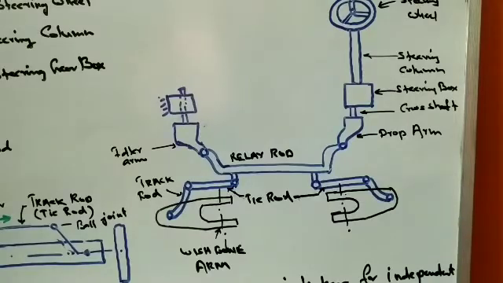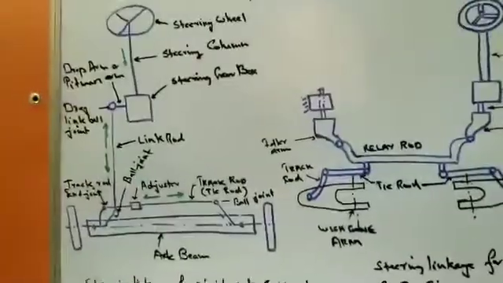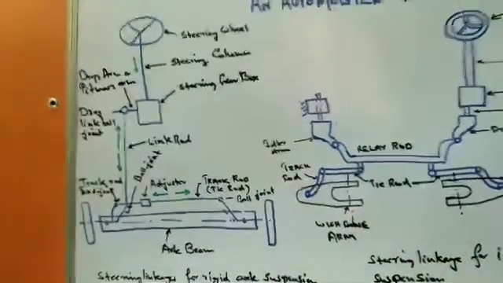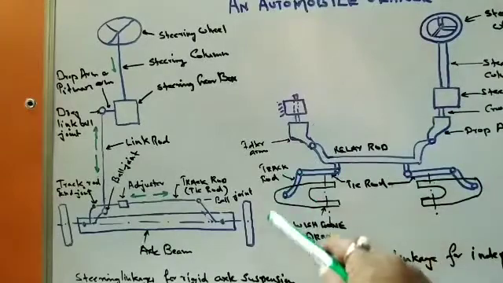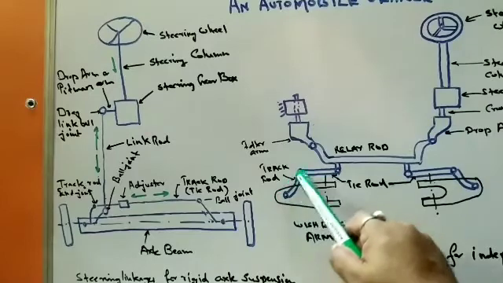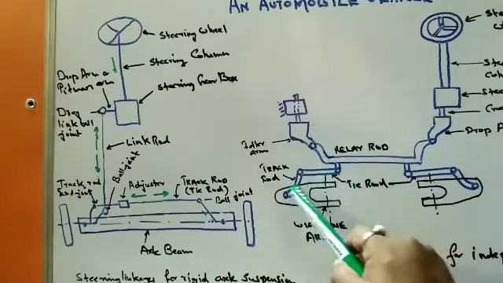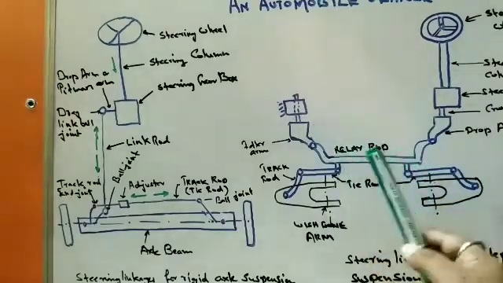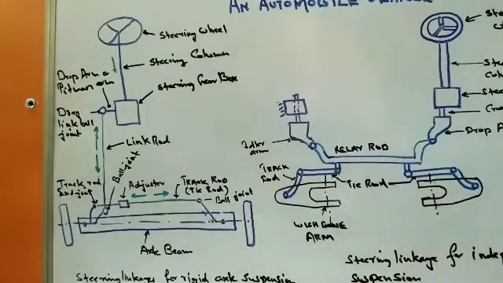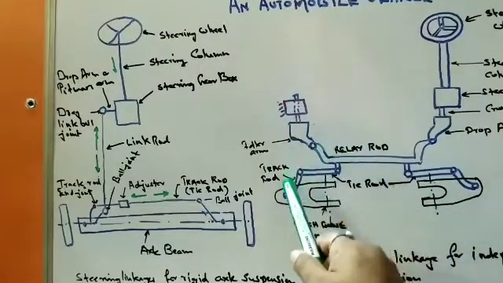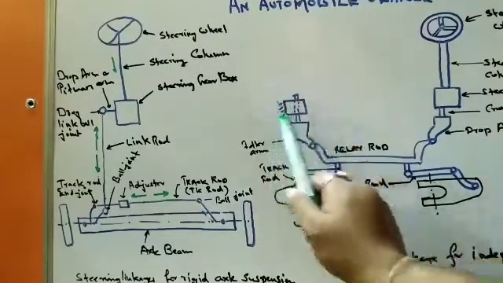If you compare the two, in the earlier case we used one tie rod; here the tie rod is broken into three parts. One part is this one, another is this one, and between them is connected the relay rod, so that it can adjust according to the bumps and dips in the road. The other end of the track rod is connected to the relay rod, which is connected to the idler arm.